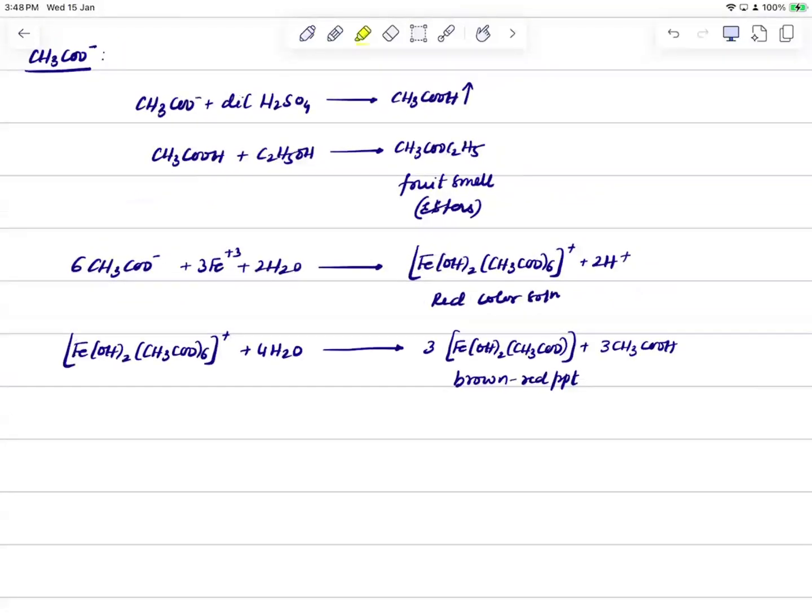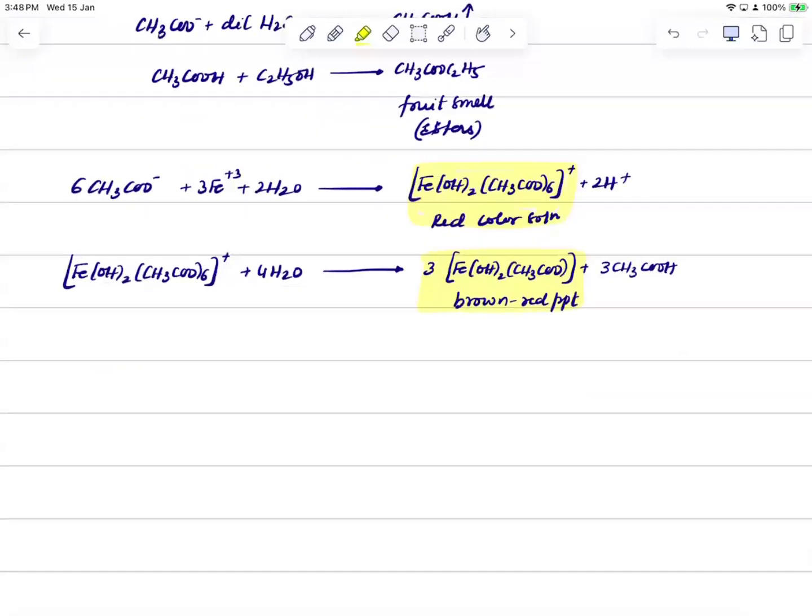Guys, these two reactions are very, very important. They have been asking straight away from the lab book, whether it is a colored form, whether it is a precipitate form, to this extent. So learn it. Okay.